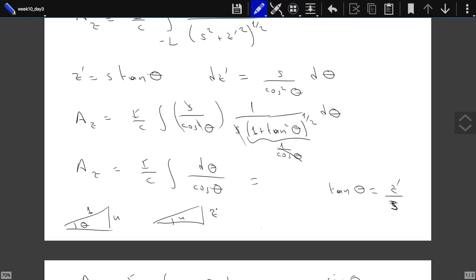So this is z prime, this is s. Here we have the hypotenuse, square root of z prime squared plus s squared. So u is equal to z prime over square root of z prime squared plus s squared.